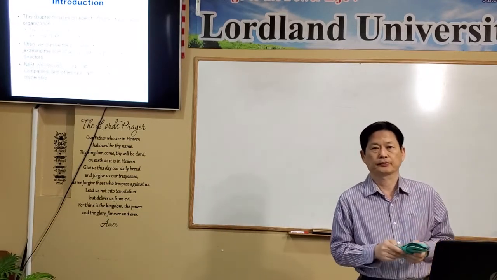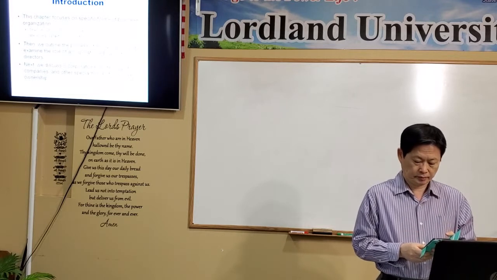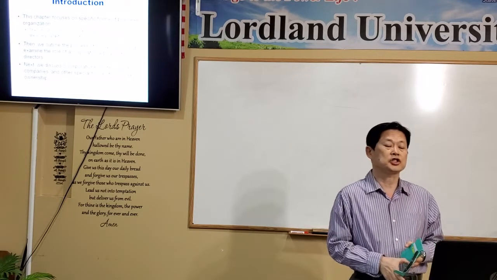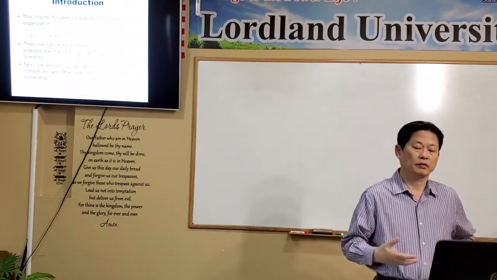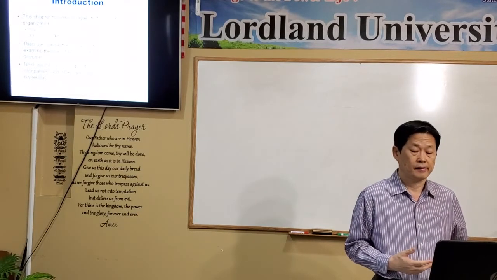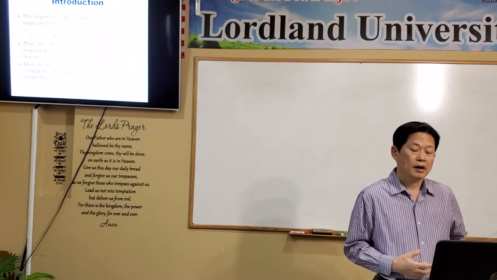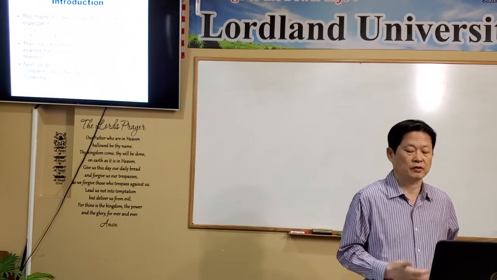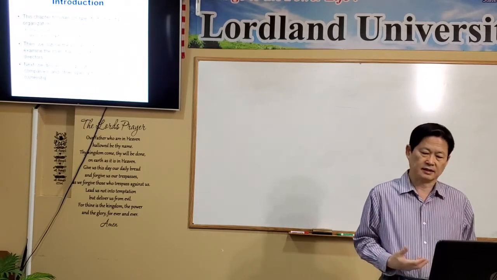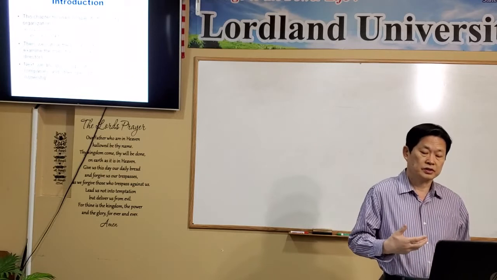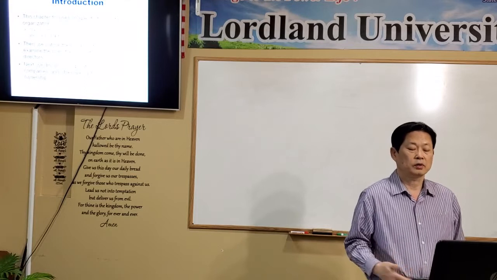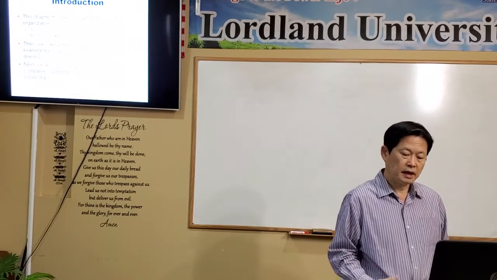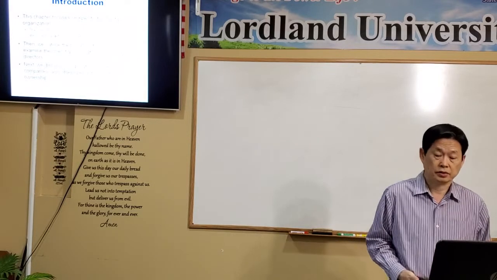Introductions. This chapter focuses on the specific forms of business organizations. There are 3 most common forms of business ownership in the United States. These 3 forms of business include sole proprietorship, partnership, and corporations.